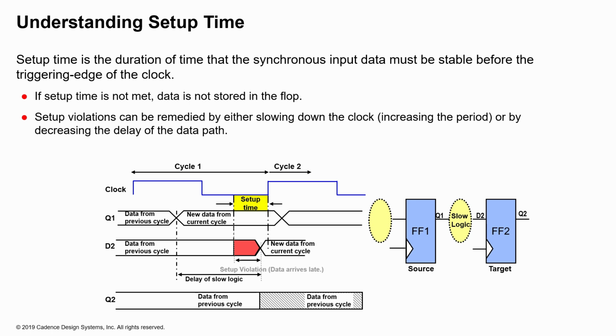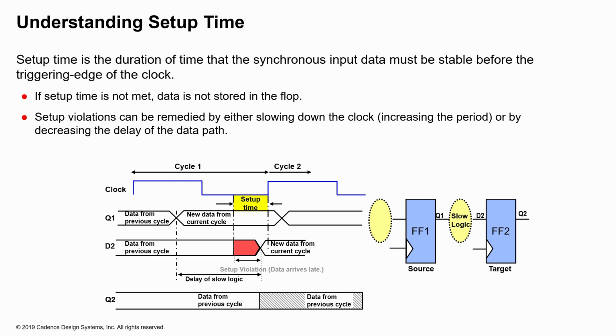If you look at the illustration down below, there is some slow logic, and the data is going from Q1 to D2, so the data is being transferred from flop 1 to flop 2.